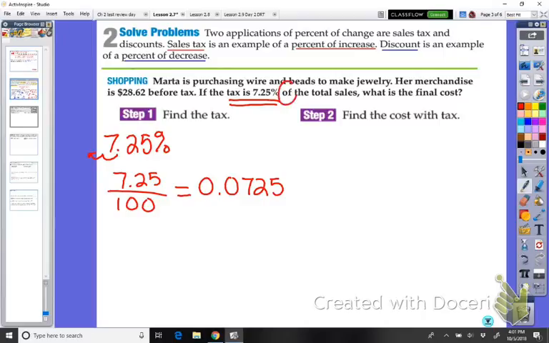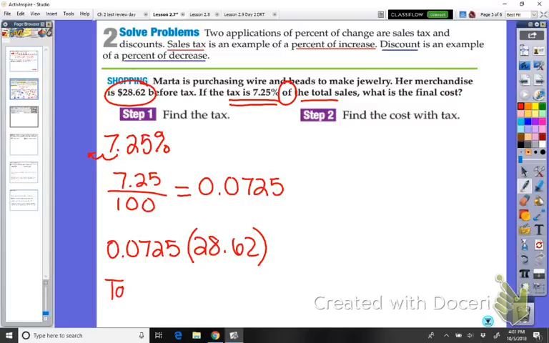Of, we talked about earlier, means multiplying. So of the total, we're going to take this decimal, multiply by the total, which was $28.62, and we're going to find what 7.25% of that amount is. This will give us our tax, which is about $2.07.